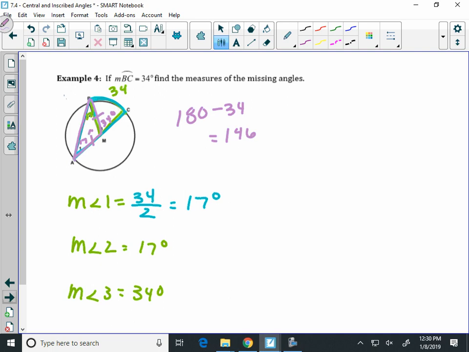Okay. So I know this angle is 146. And then what do we know about all the angles of a triangle? They all add to what? All the angles of a triangle add to 180. So you could have done 180 minus 17 minus 146, and it still would have given you 17. You still would have gotten the right answer.